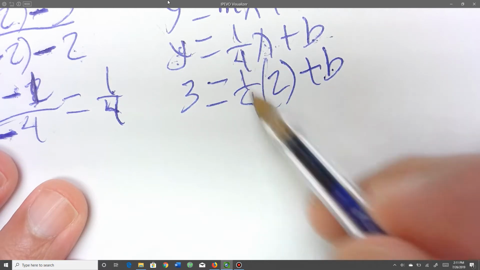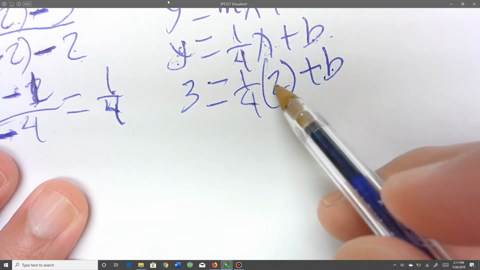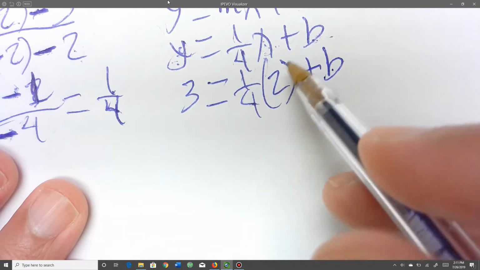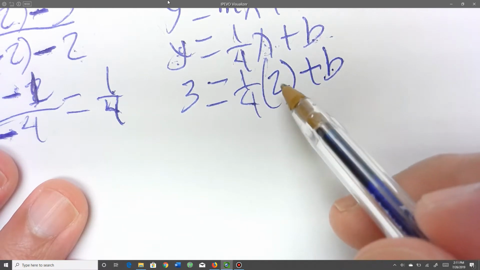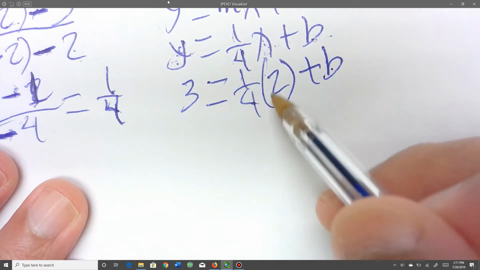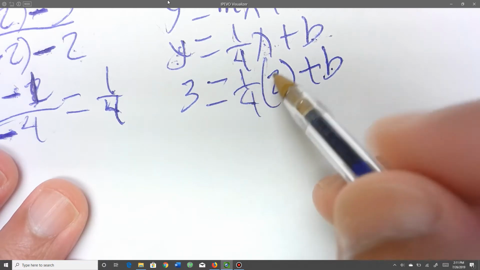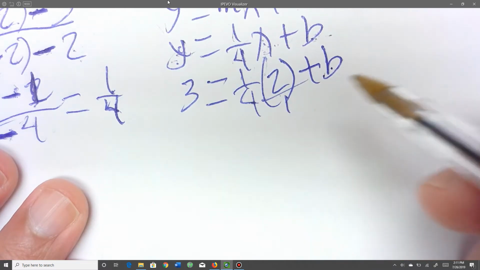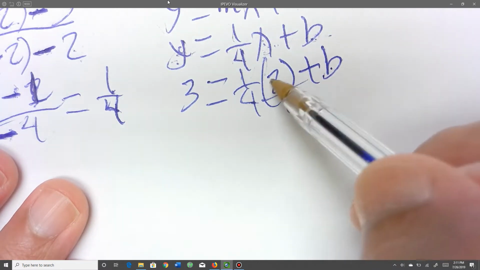In this case, the order of operations calls for multiplication first. So 1/4 times 2 is what? You just multiply numerator times numerator. Or you can think of this 2 as being 2/1.